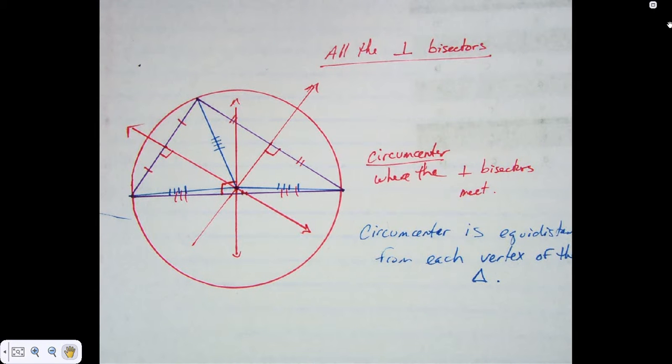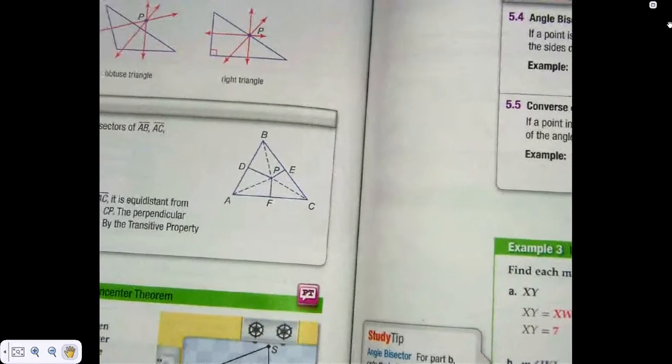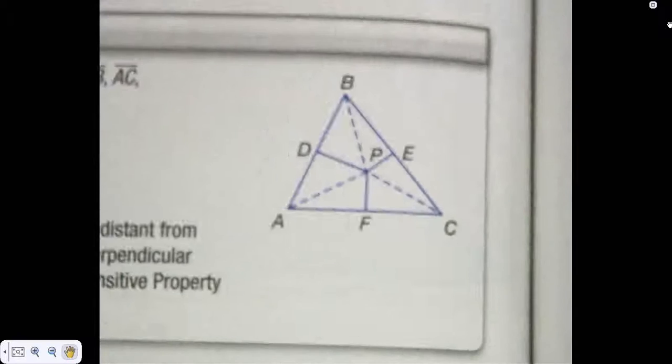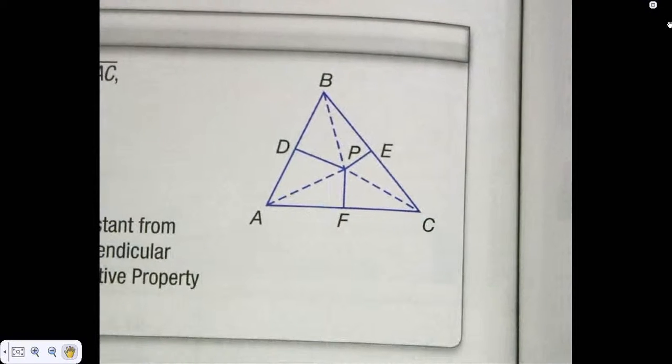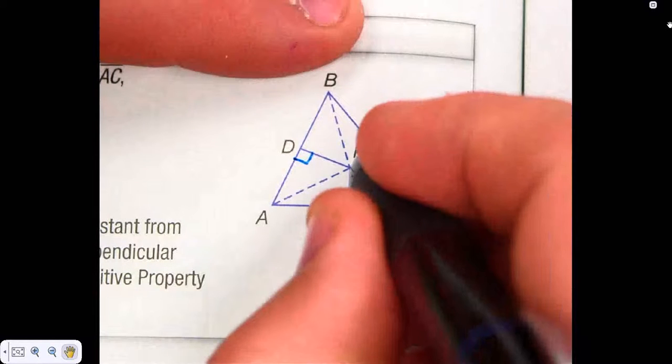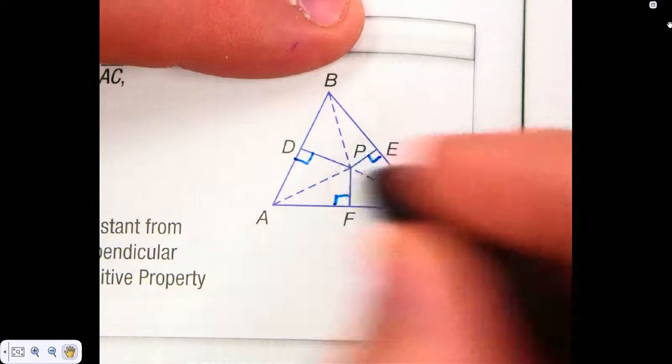Now you will all look at page 326. Same thing. Everybody look up here, and you can draw this if you want. Each of these solid lines is a perpendicular bisector. Do you see that?